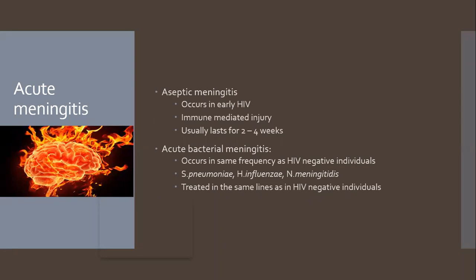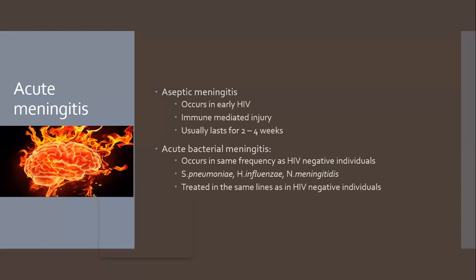Ceftriaxone, 2 grams IV OD. Ampicillin, 500 milligram IV every 6th hourly if the patient is more than 50 years. Vancomycin may be given if Staph aureus is suspected. Acyclovir and steroids. So steroids can be given in acute meningitis also, right?